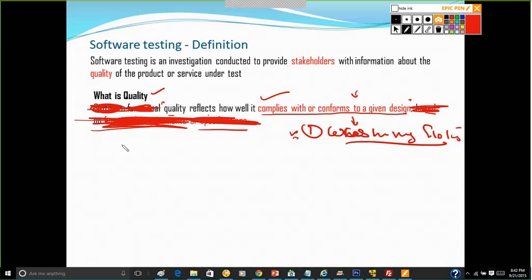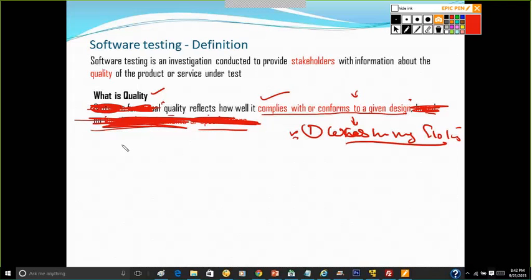Software: I am designing a software to convert Fahrenheit to Celsius, and I'm giving 0 degree Fahrenheit. Now the application should calculate the equivalent Celsius and give me the answer. If it's not giving me that, that means the software that was built does not comply to the design.